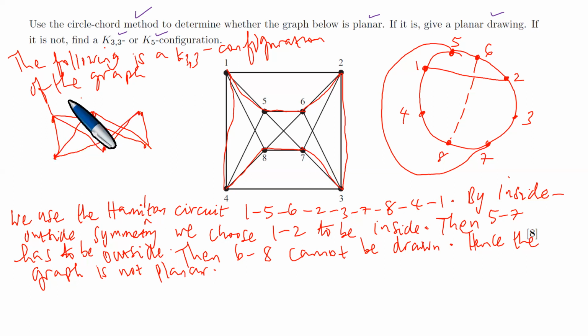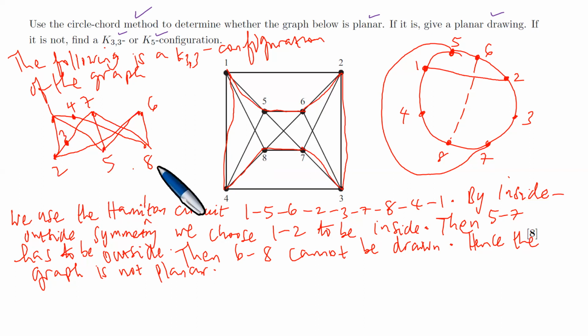So you have vertex 1, vertex 7, vertex 6, vertex 2, vertex 5, vertex 8. And then you have vertex 3, and then you have vertex 4, like that.